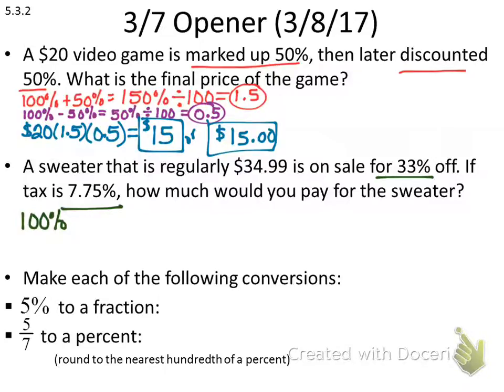Okay, so minus 33%. Sorry, it's on discount for 33%. My apologies. So 100 minus 33% equals, so what's 100% minus 33%? 67%. Divide by 100 to get our decimal.